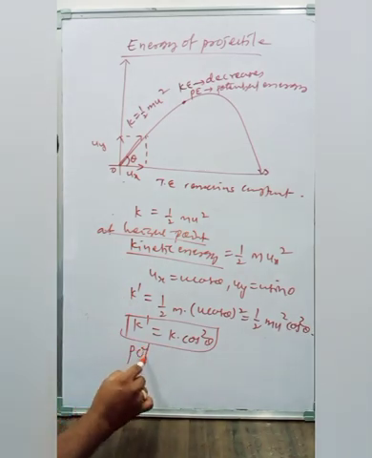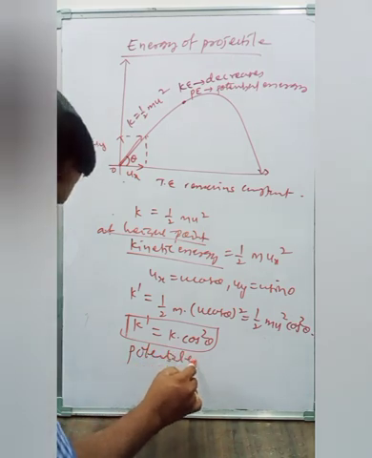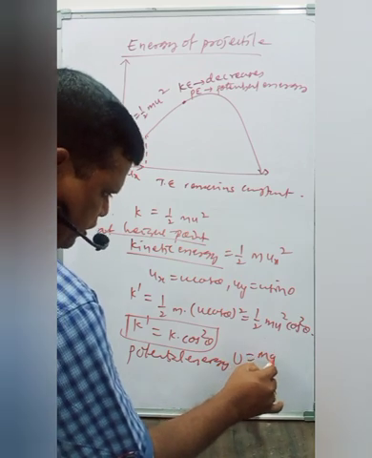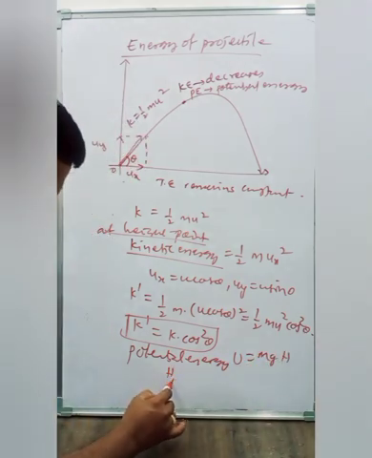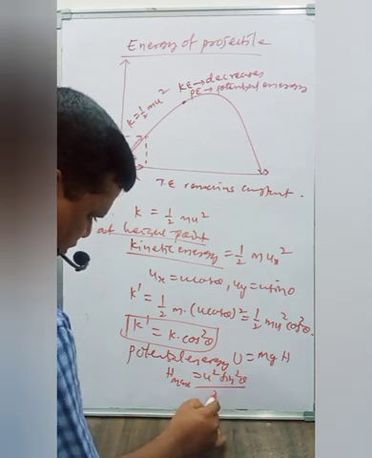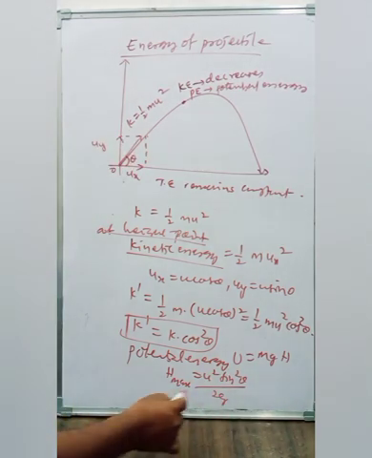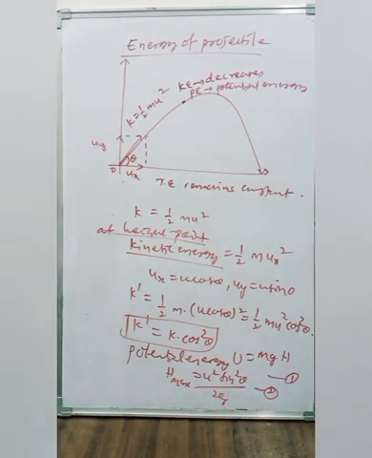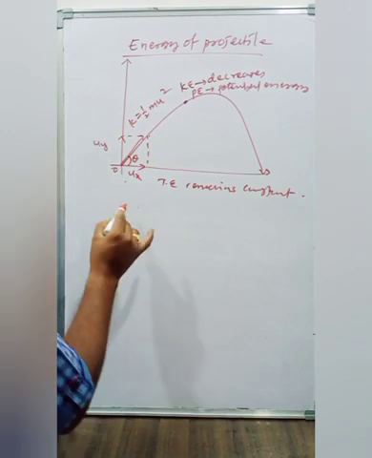Potential energy. Here potential energy U is equal to mgh, but h maximum is equal to u square sin square theta by 2g. Substituting in the above equation, we get the potential energy.